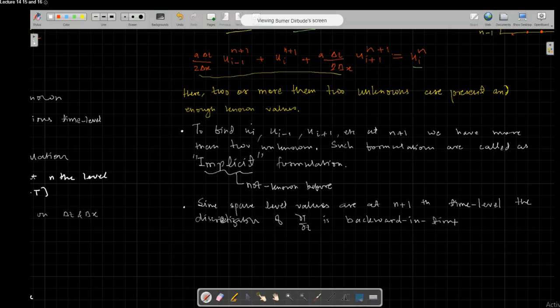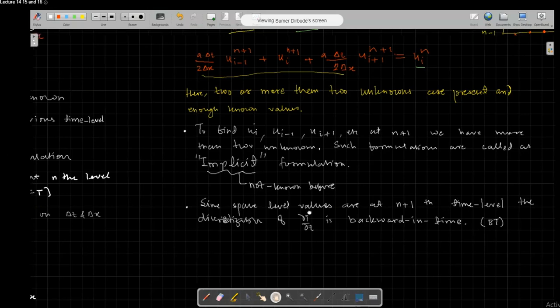And the spatial derivatives are central in space. So that is the reason we are saying it is BTCS.